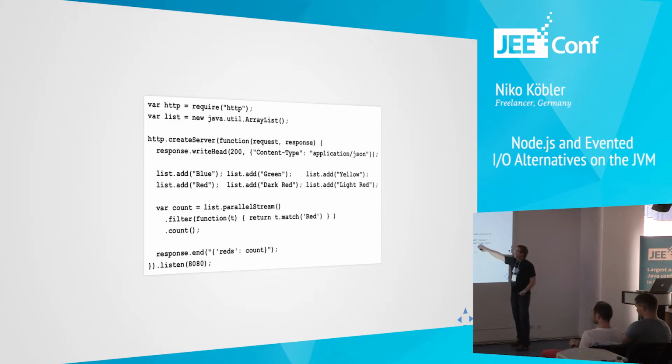What about this? List, add, blue, green. JavaScript, Java. List is array list. It's a Java object. Or perhaps it's JavaScript. So, you don't know.